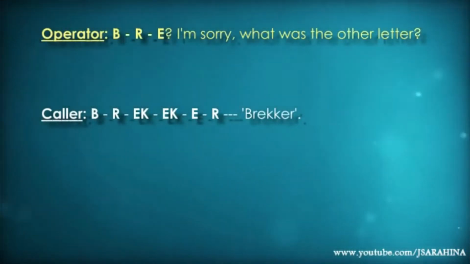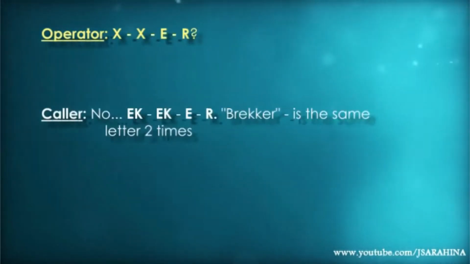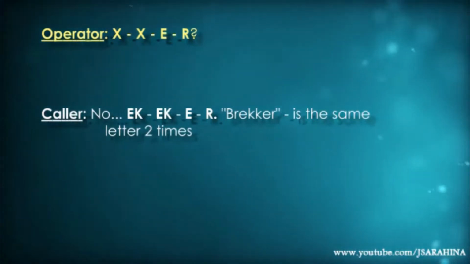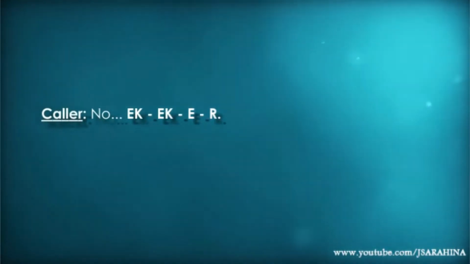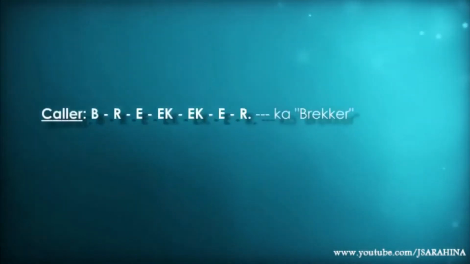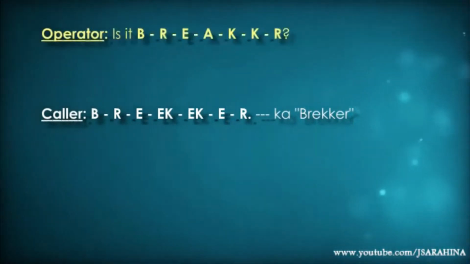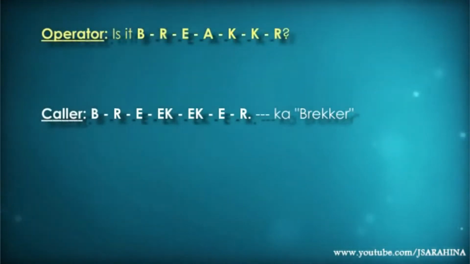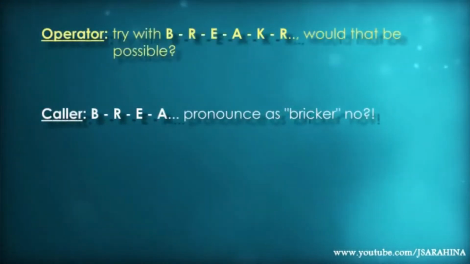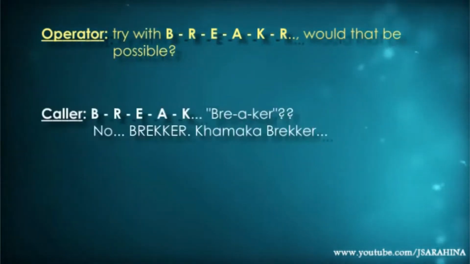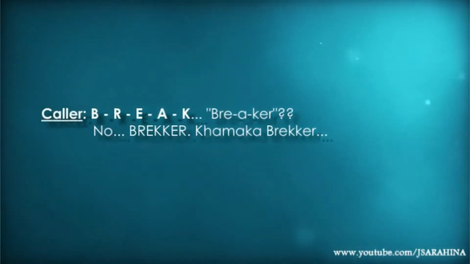B-R-E, I'm sorry, what was the other letter? H-H-E-R. X-X-E-R? No, H-H for Brecher. It's the same letter 2 times. Oh, B-R-E-K-K-E-R? No, H-H-E-R. B-R-E-H-H-E-R for Brecher. Is it B-R-E-A-K-E-R? B-R-E-H, that is Breaker, no? I have a B-R-E-A-K-E-R. Would that be possible? B-R-E-H, Breaker? No, Brecher. Chamotge Brecher.